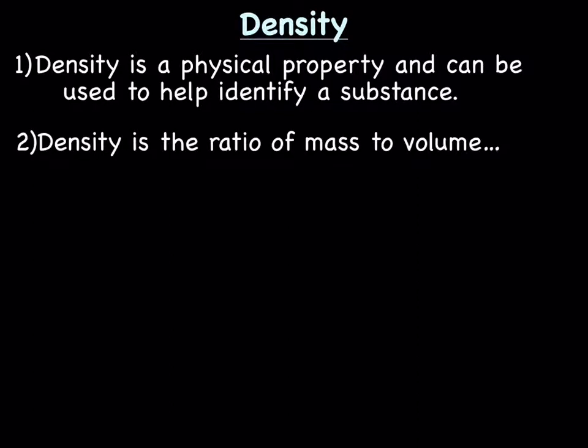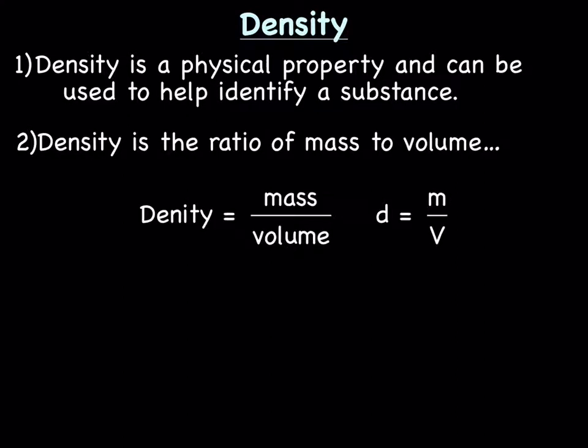So the definition of density is it's the ratio of mass to volume, which is why we started talking about mass and volume. So in a more mathy looking way, density equals mass divided by volume, or D equals m over V, with little m standing for mass, and capital V standing for volume.